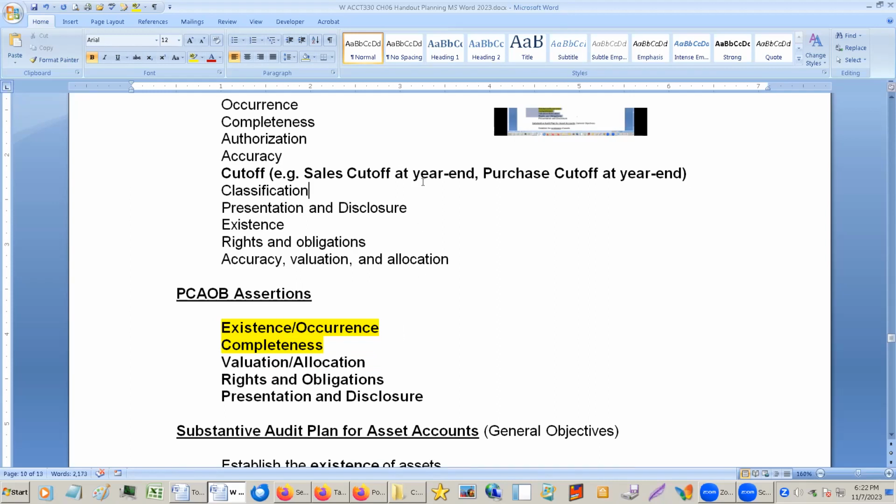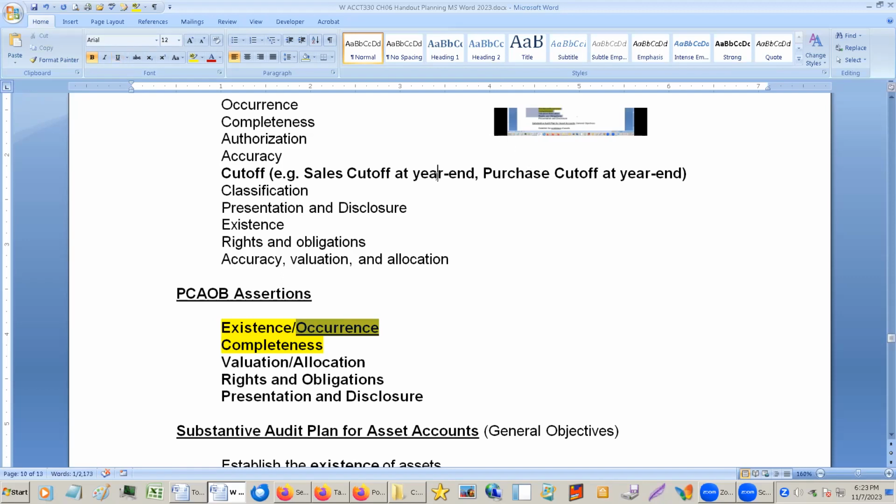Okay, these can kind of be spread out over these down here. It could be existence or occurrence. Do we actually make the sale? If they count a sale on January 1st as being for the previous year, did it occur in that year? Well, no. So it could go down to an occurrence.